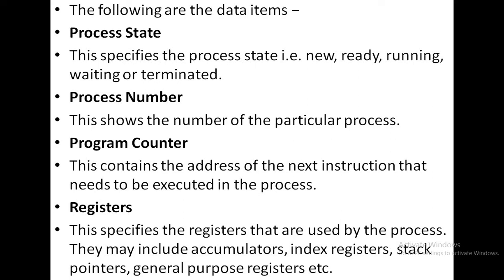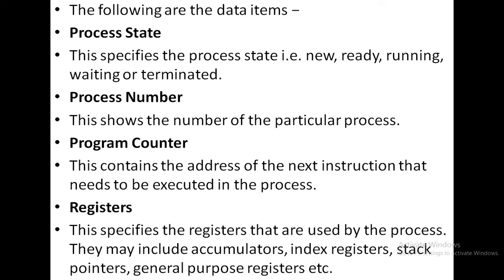Next is process number. This shows the serial number of a process that is stored inside the process control block. Next is the program counter. This contains the address of the next instruction that needs to be executed in the process.